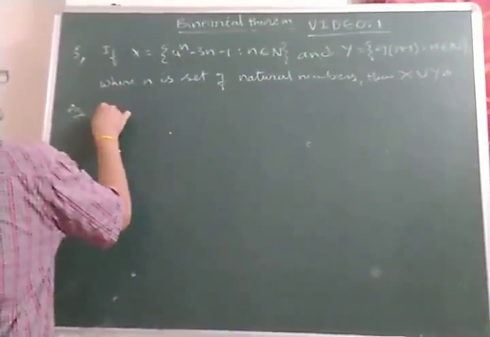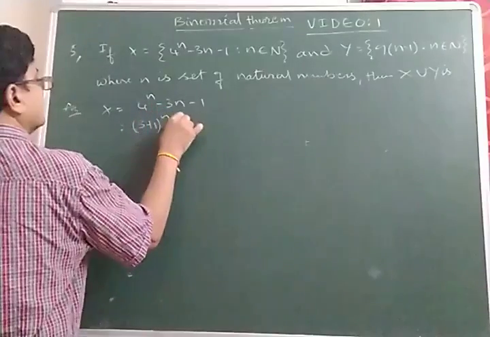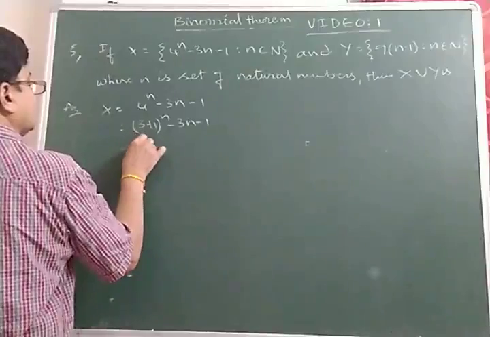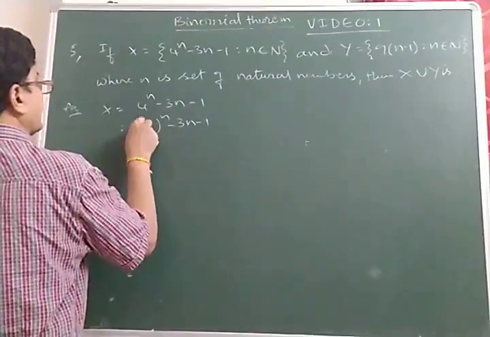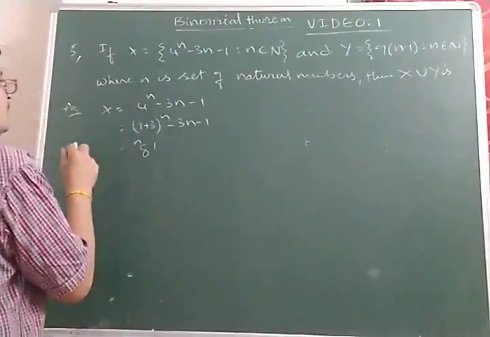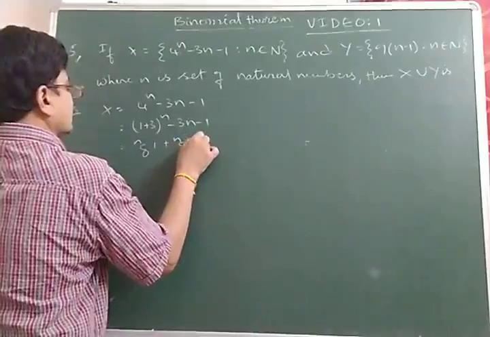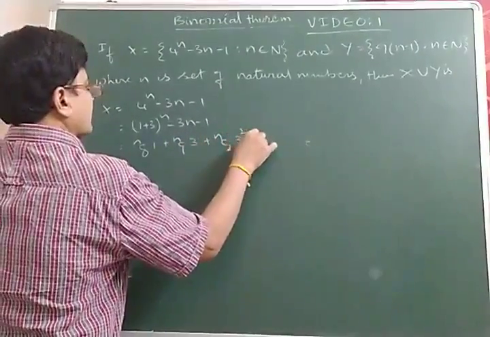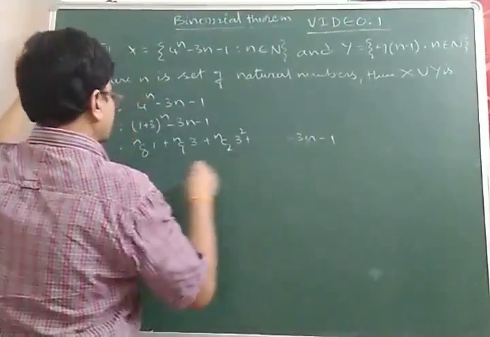So that's why capital X, 4 power n can be written as (3 + 1) whole power n − 3n − 1. This is nC0 1 plus nC1 into 3 plus nC2 into 3 square plus and so on, minus 3n minus 1.